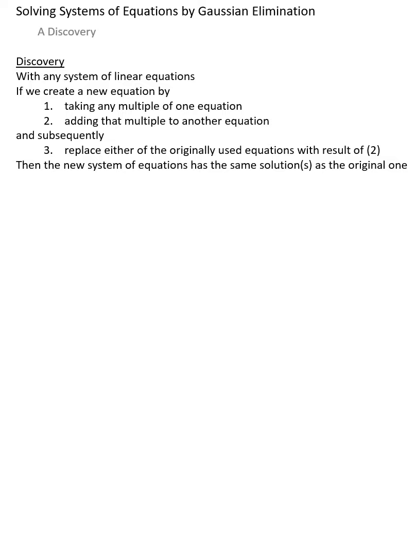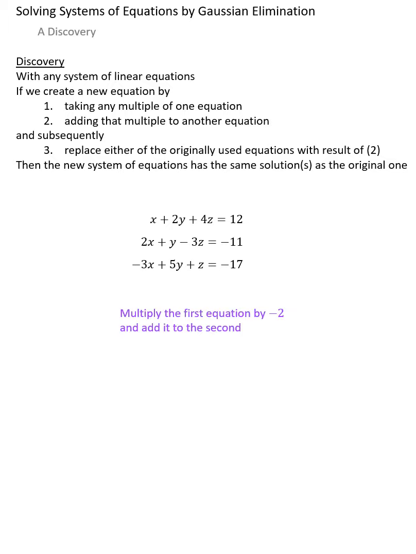To give a little bit of a sense of what this means, let's look at an example. Here is a system of equations. Suppose I were to multiply the first equation by -2 and add it to the second. By the way, I just made up -2 sort of randomly to show as an example, because the discovery says that this works for any multiple of any equation.